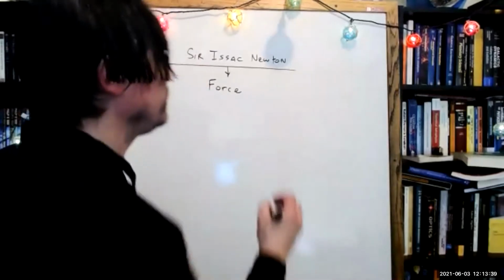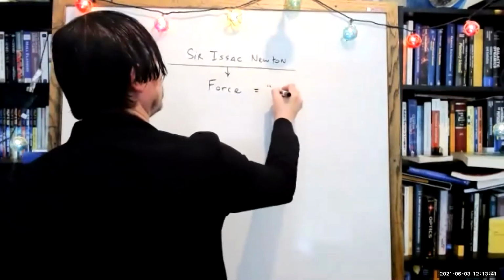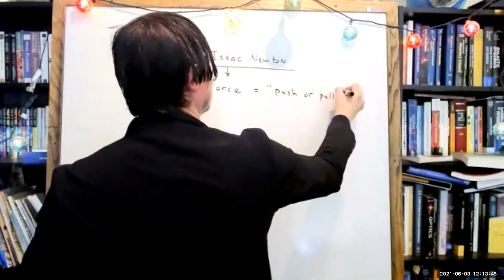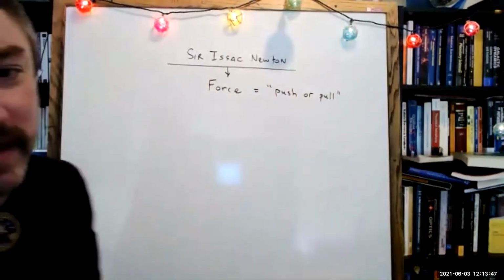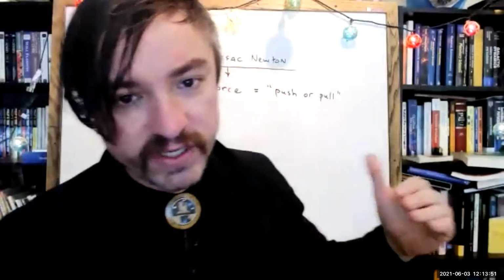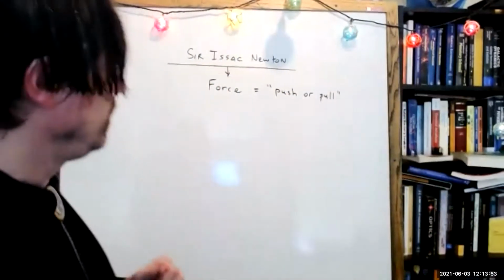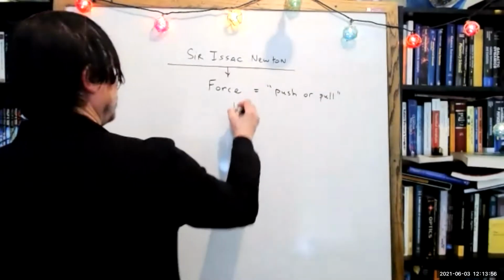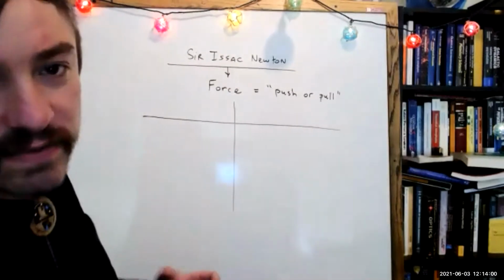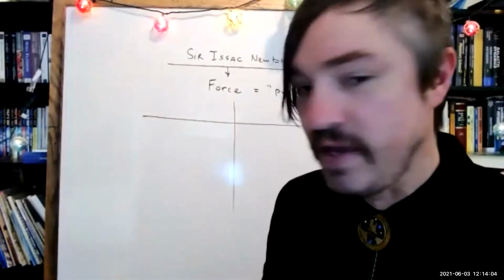In general usage, force is supposed to be either a push or a pull. That's the conceptual idea behind it. But he related forces to motion and acceleration. In particular, today we will attempt to study two of the laws that he derived in his legendary book, Principia Mathematica.